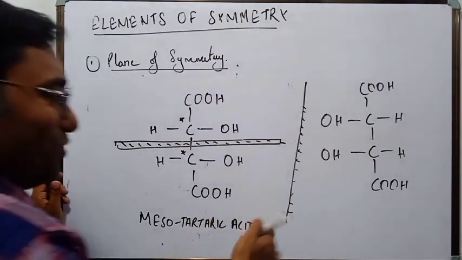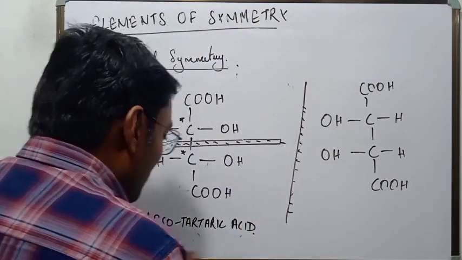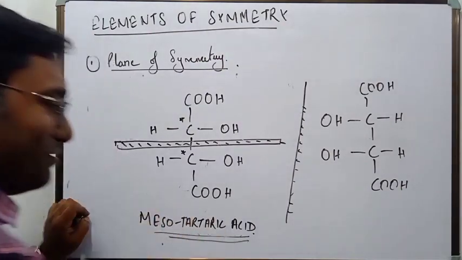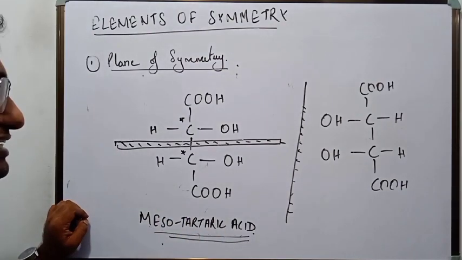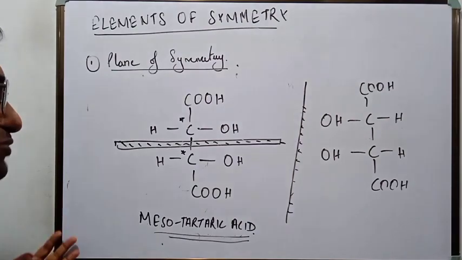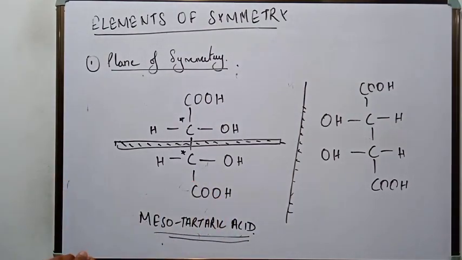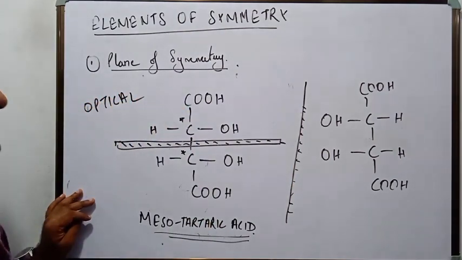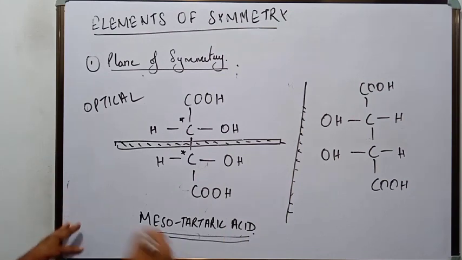So there is no optical isomer for mesotartaric acid. There is no enantiomer possible for mesotartaric acid, and because there is no enantiomer possible, it would never show any kind of optical activity. It all started from what? From the plane of symmetry, right?